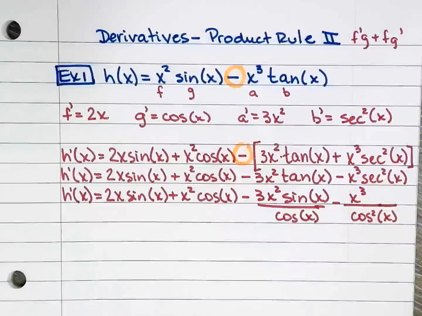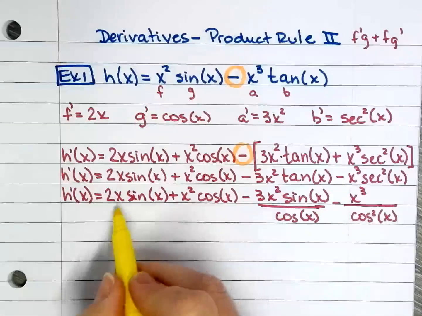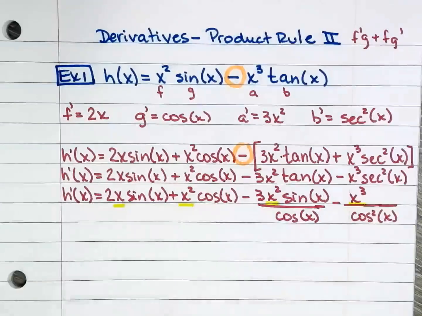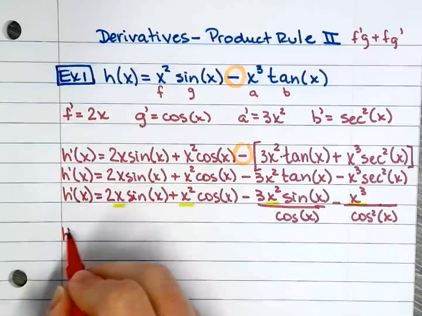Okay, now I will pull out, what do they all have in common here? I will factor it out. I can pull out x, and that's about all I can do. So we will factor it out.